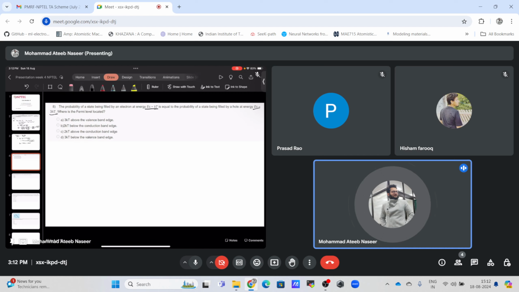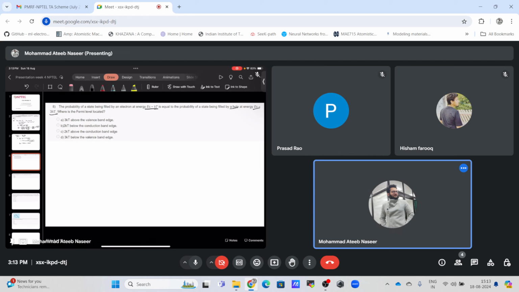So we have been given that the probabilities are equal for two energy values. One is at EC minus 3kT, that's 3kT below the conduction band, and another is EC minus kT for the electron. Another is for the hole probability. Okay, let's be clear about this statement. It's about the hole.